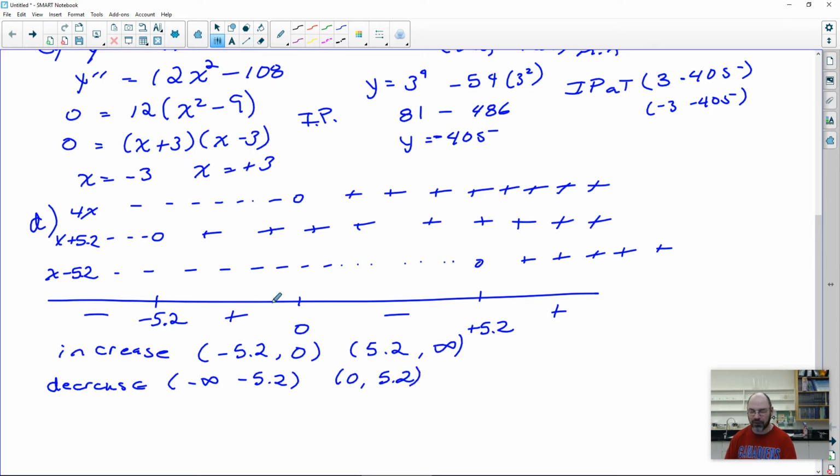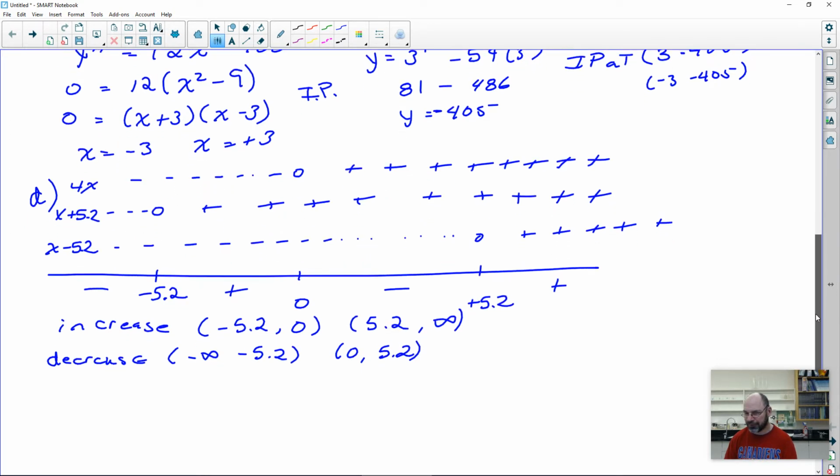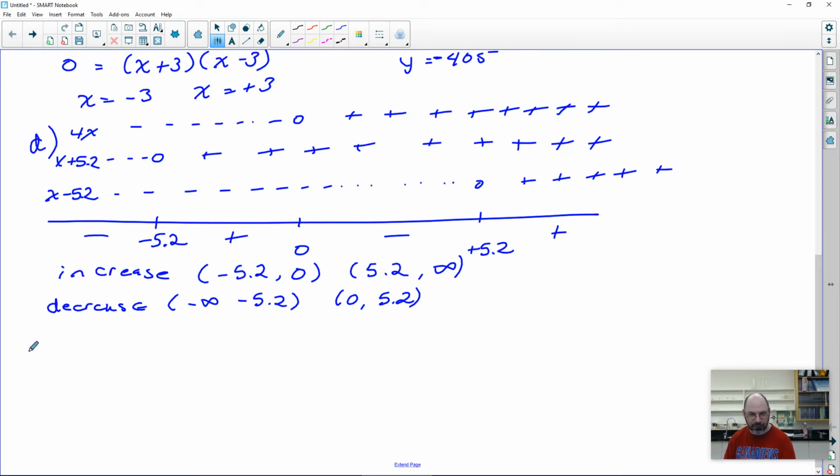Okay, now area of concavity. This is where we go into the second derivative test. The y prime prime was equal to 12x squared minus 108.